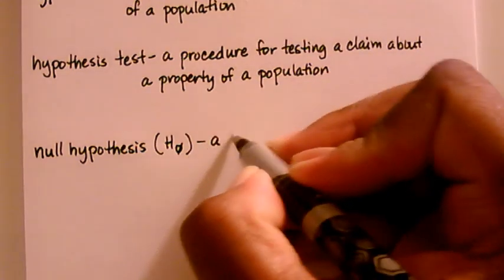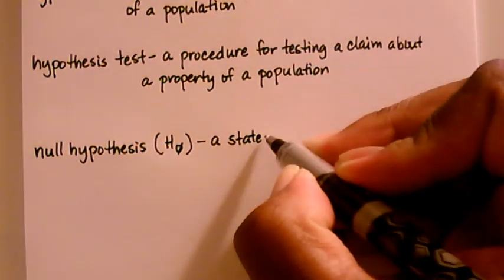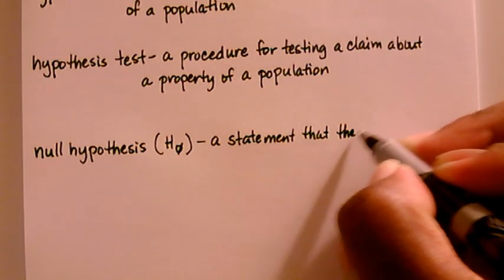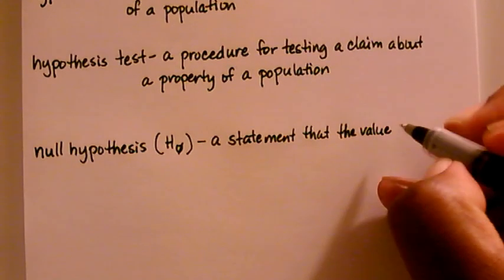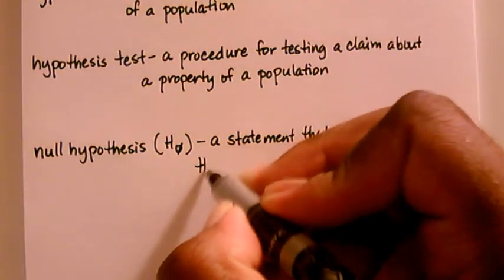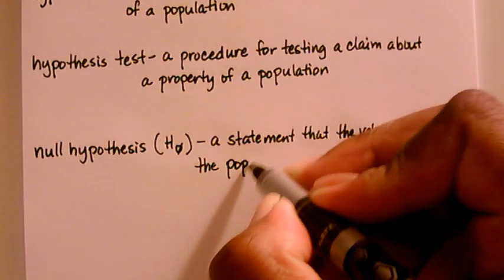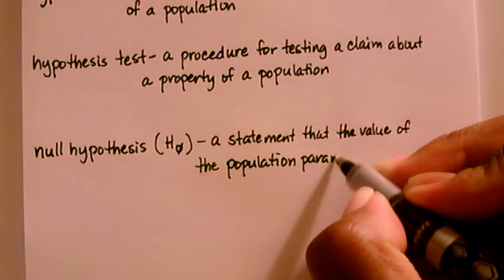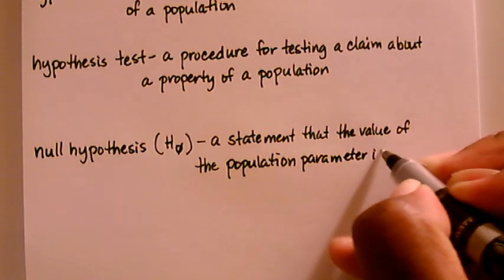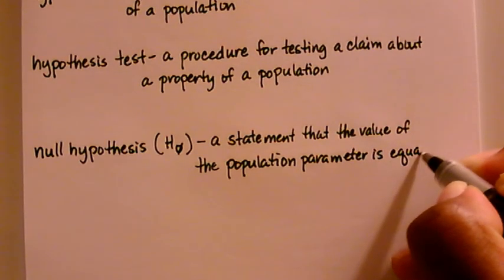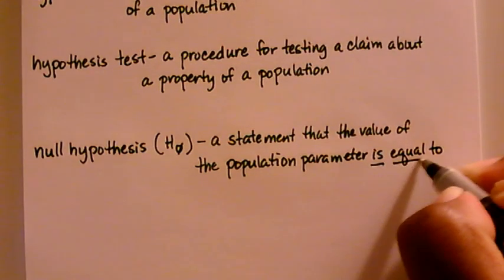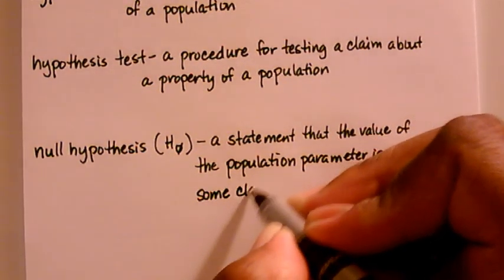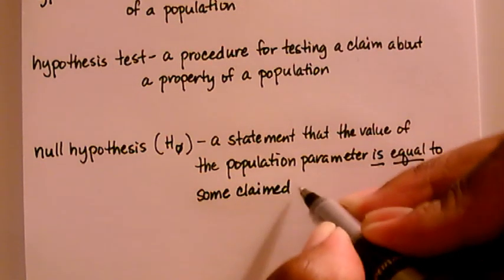And it is, by definition, a statement that the value of the population parameter is equal to, and let me underline this because that's going to be very important, some claimed value.